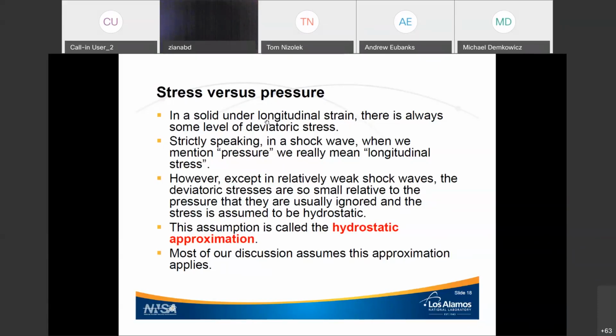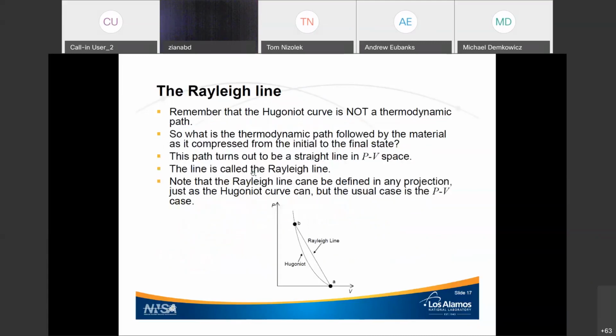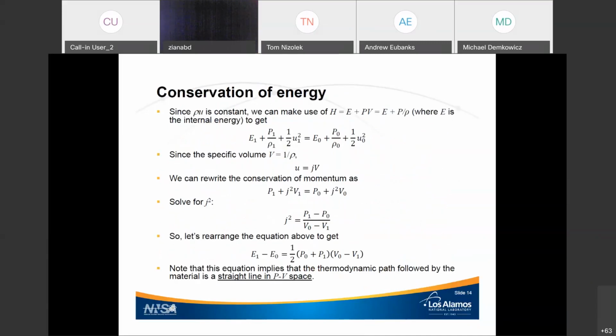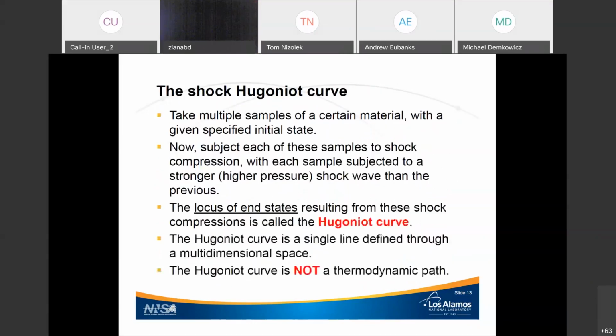In a shock wave, strictly speaking, when I talk about pressure, what I'm really talking about is longitudinal stress, with the exception that in these thermodynamic equations, we're talking about pressure.